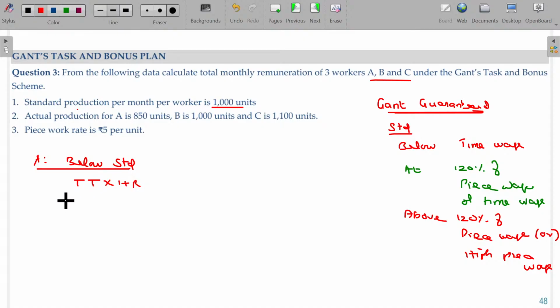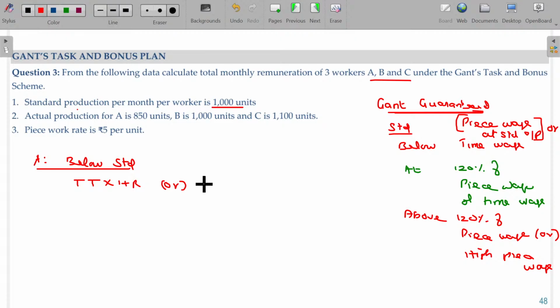But if time taken information is missing, you can do this way also. Piece wage at standard output. These are same. You can write this as a formula.